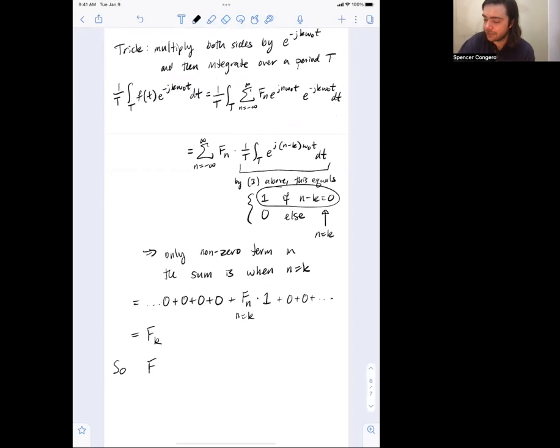So f sub k equals, and actually, you know what? I'll leave it as k so we don't get confused. I was going to change it back to n. Usually we use n. I'll just leave it like this for now. So that means this f sub k equals this expression up here.